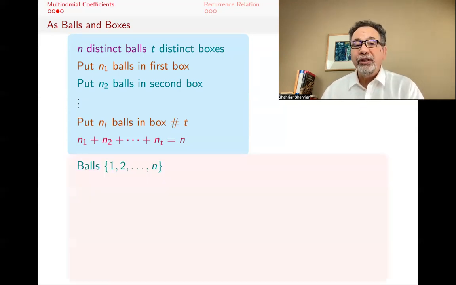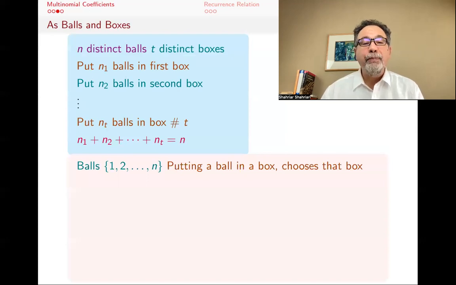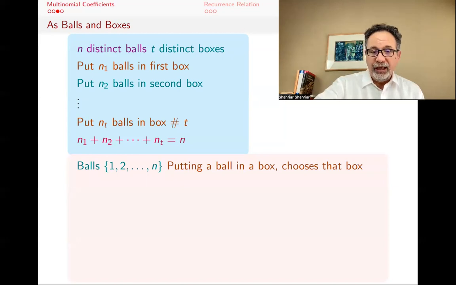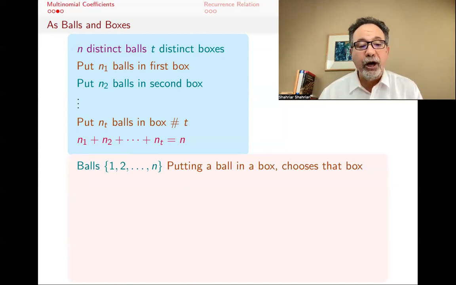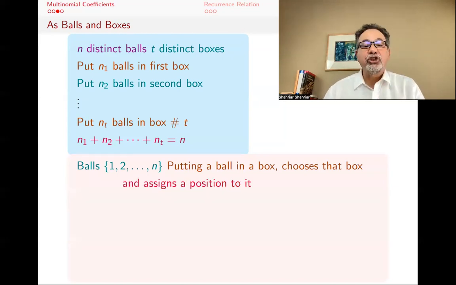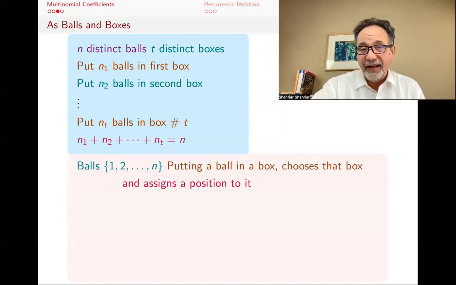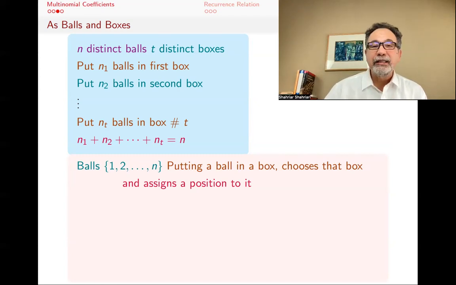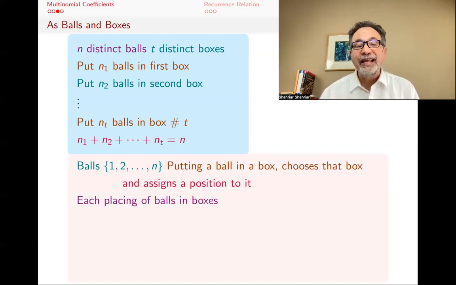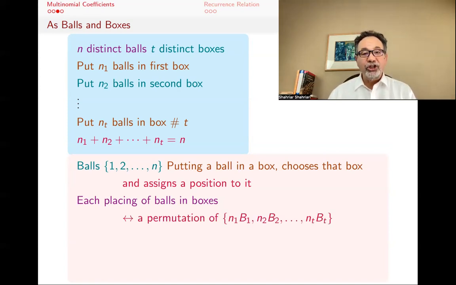Now, the balls, you can think of them as 1 through n, and putting a ball in a box, it chooses that box. You think of that as choosing the box, and you assign a position to it, because if you put ball number 47 in that box, you're saying I'm choosing that box and I'm putting it in spot 47. So that means that each time you place all the balls in the boxes, you are giving me a permutation of the boxes. There's t types of boxes, we said.